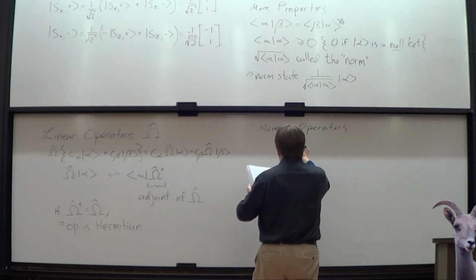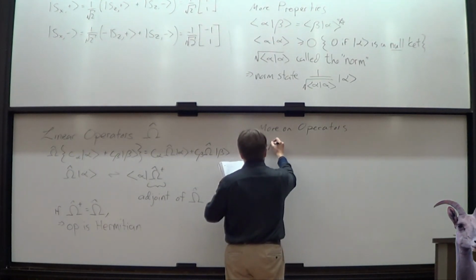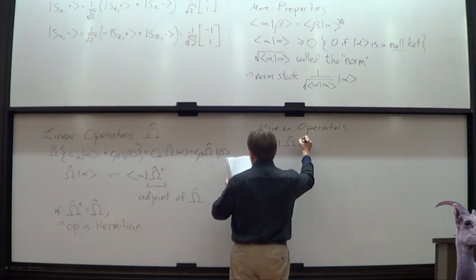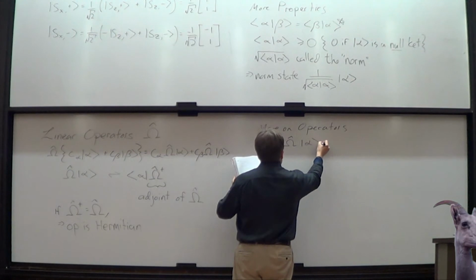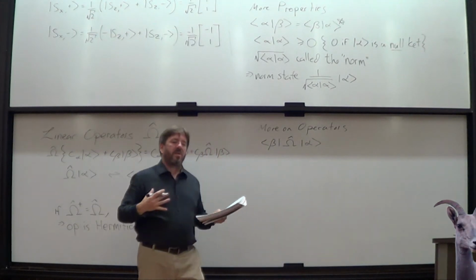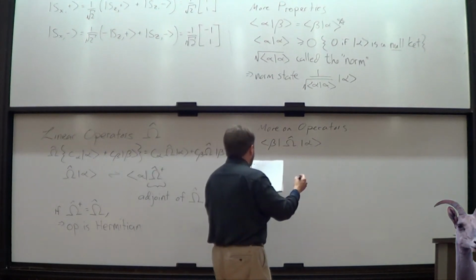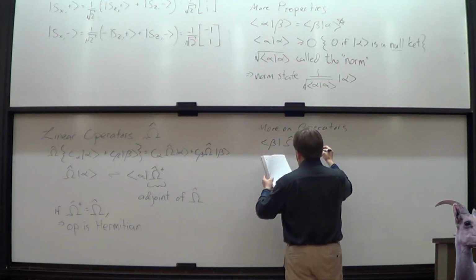Okay. Now, one thing to note, and we're going to do this with a lot of proofs, you really want to make certain that you understand what you've chosen the operator to work on. Do you want it to work on the ket or the bra? So we often represent that this way.